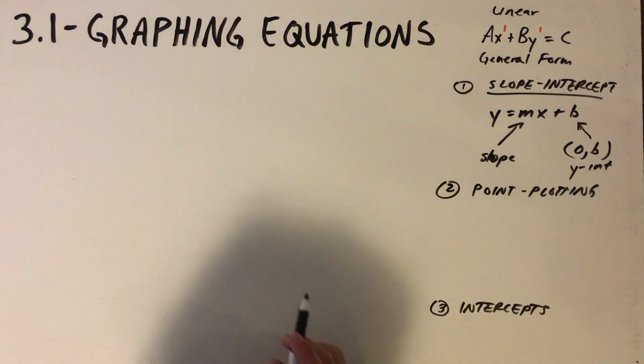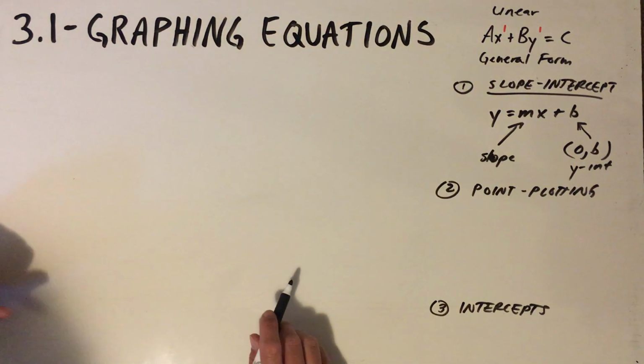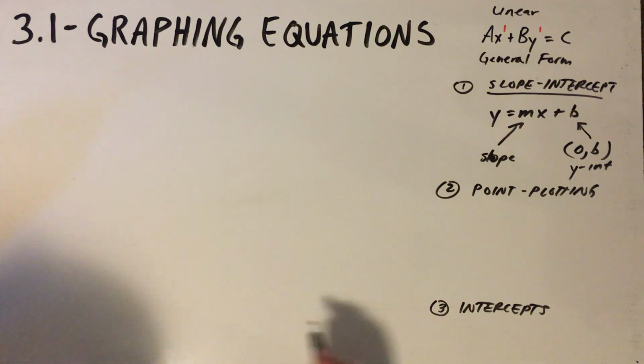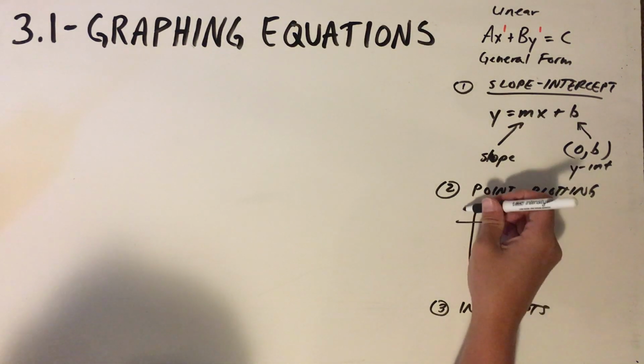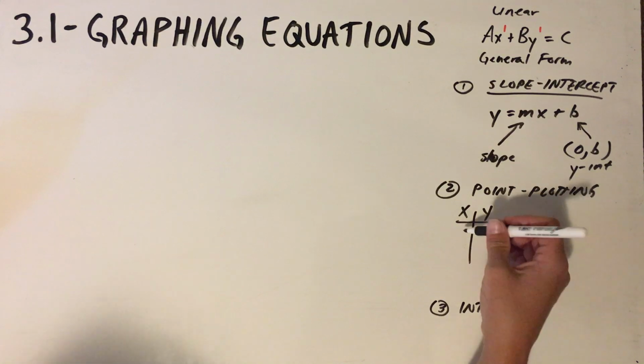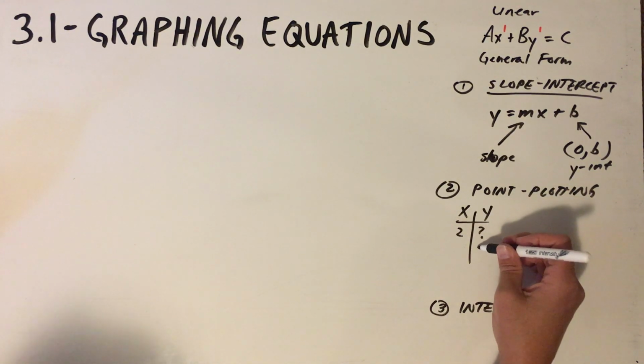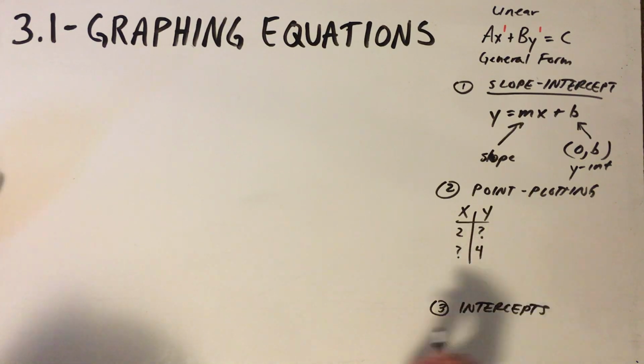So point plotting is literally that. It's literally picking a point. So it will typically look like this. You'll say, oh, I wonder when x is 2, what is y? Or I wonder when y is 4, what is x?